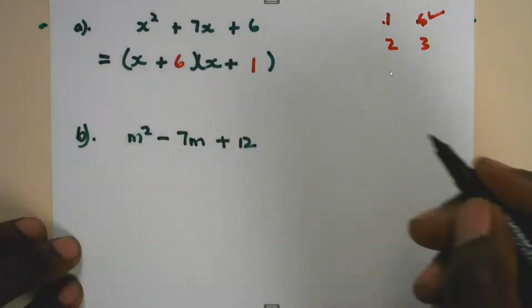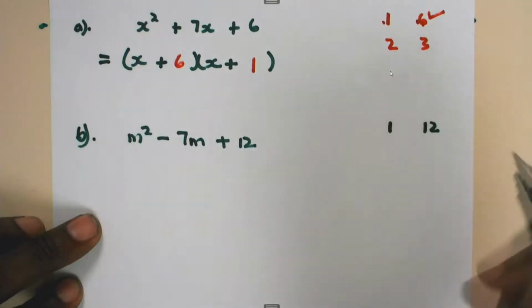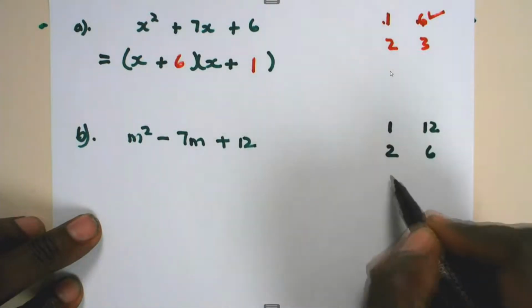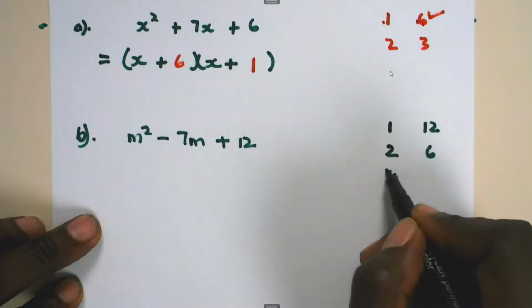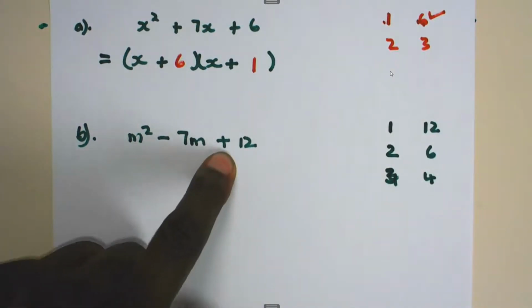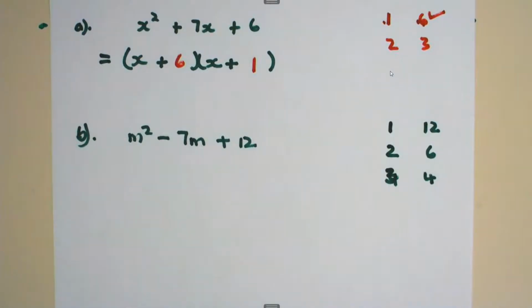The factors of 12: 1 and 12, 2 and 6, and 3 and 4. The 12 means the same sign. If one factor is negative, the other must be negative as well. The 7 means when you add those factors, they must give you 7.